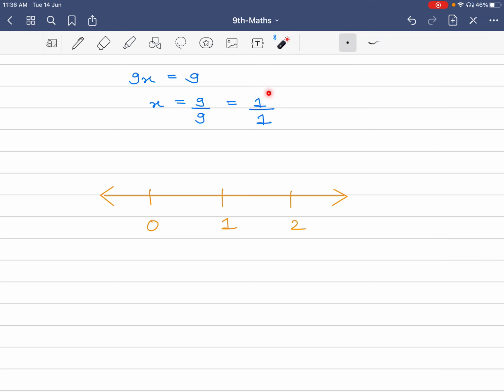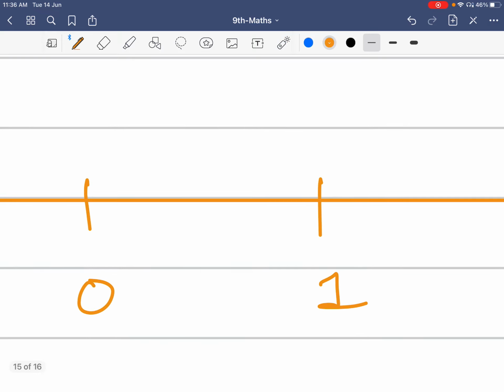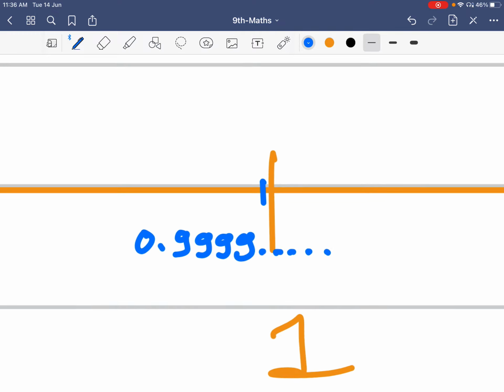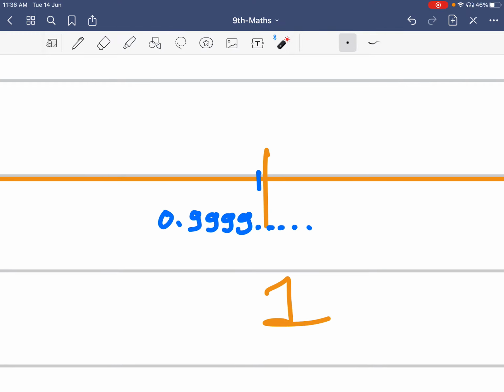This 1 by 1 is exactly here, and 0.99, if we zoom in, is going to be very, very close to the 1, because it's 0.9999 and it's infinite. So 0.99999 is going to be extremely close. I can't zoom in further. It's going to be very close to the number 1, but it's not equal to 1, but it's very close to the actual number 1.